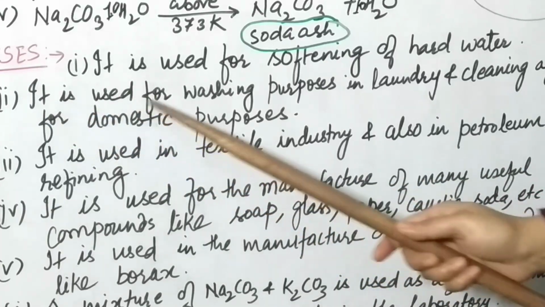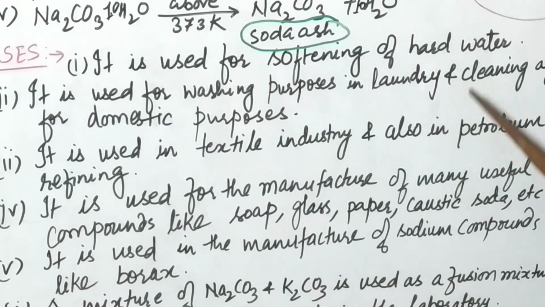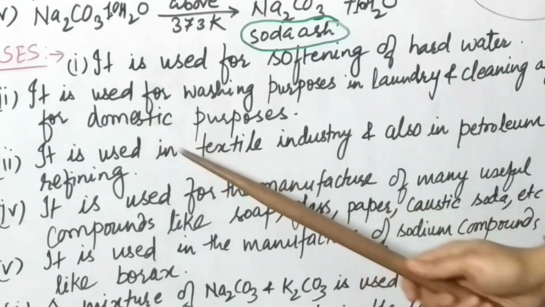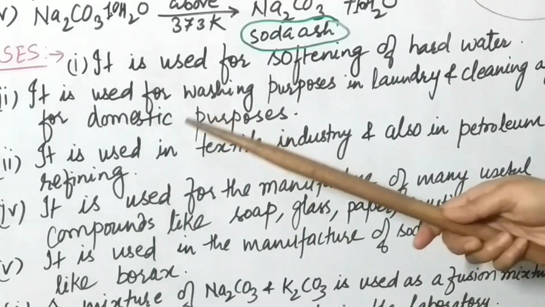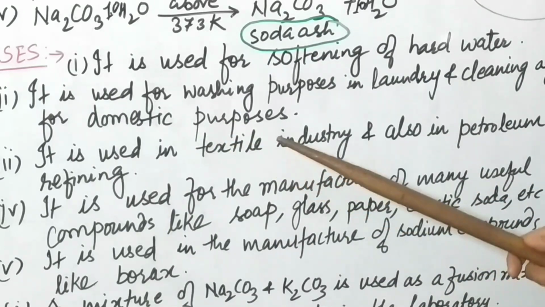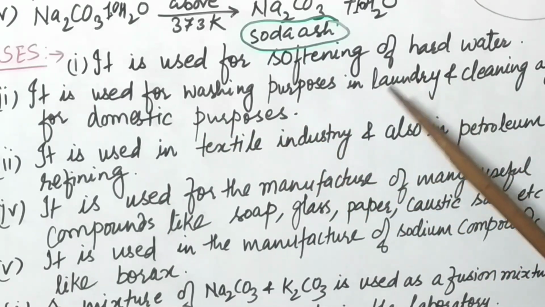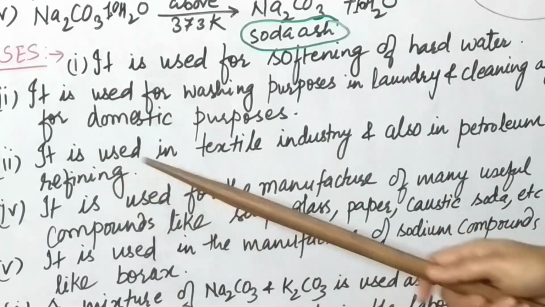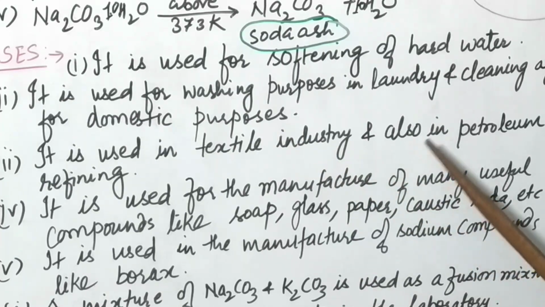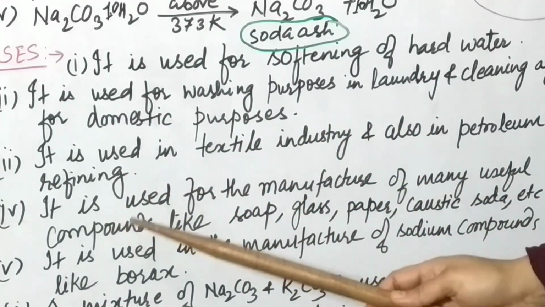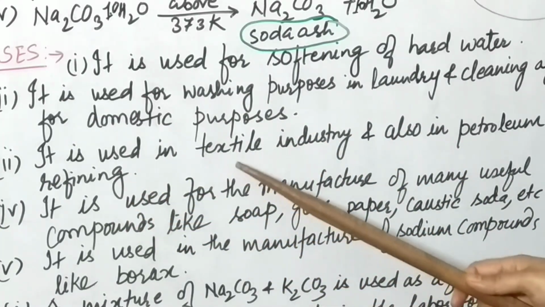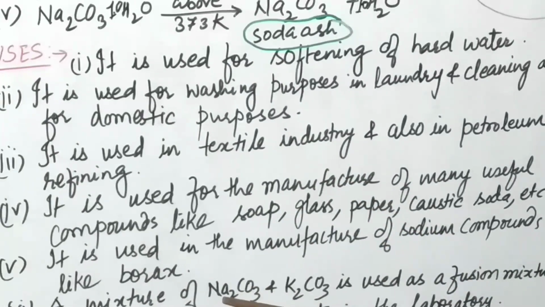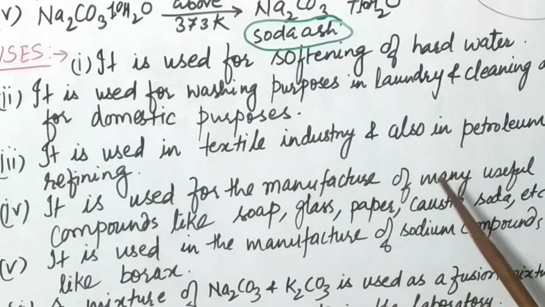Second, it is used for washing purposes in laundry and as a cleaning agent for domestic purposes. Means at home we use it, and even laundries use it for washing purposes. Third, it is used in the textile industry and also in petroleum refining.